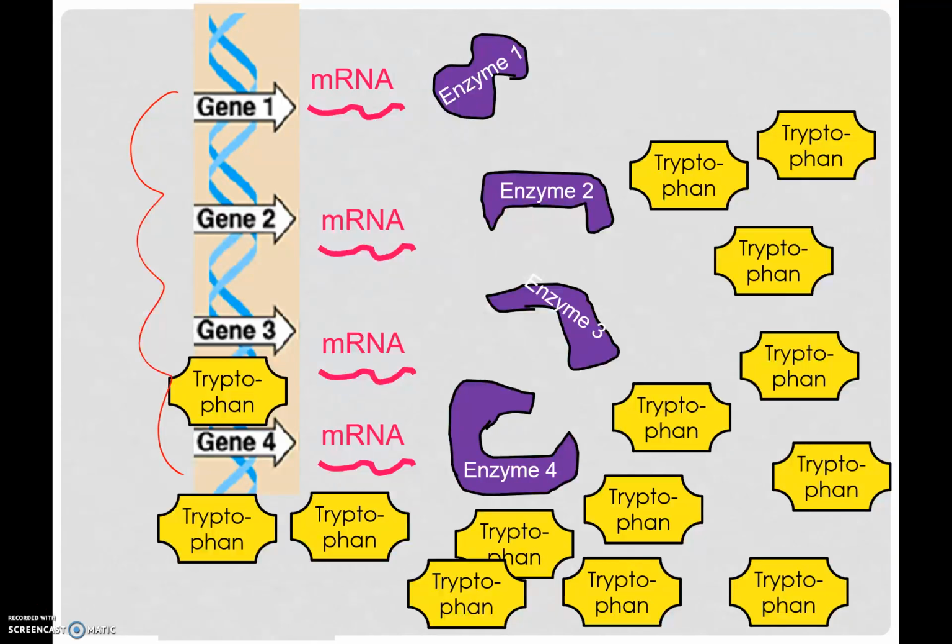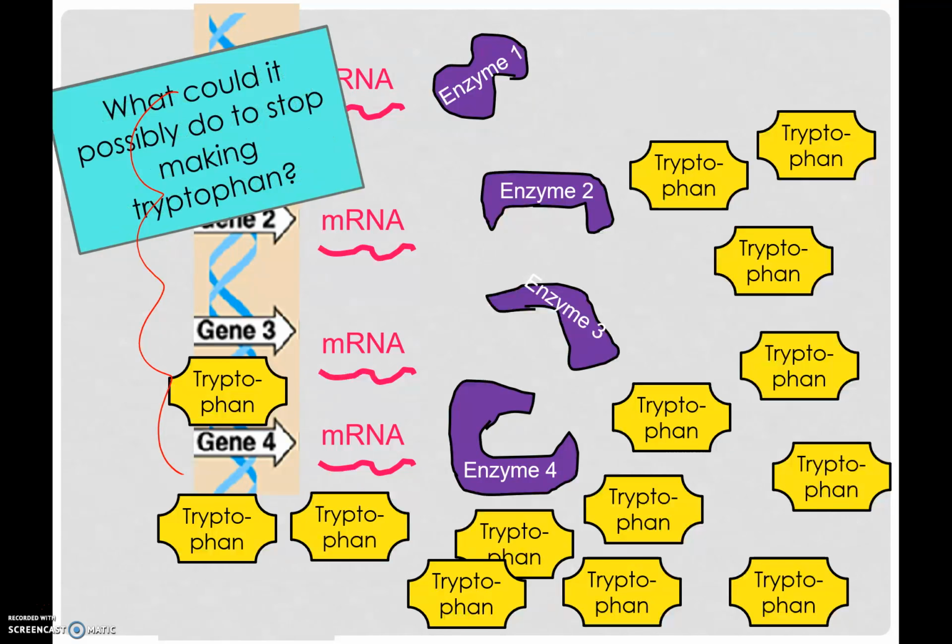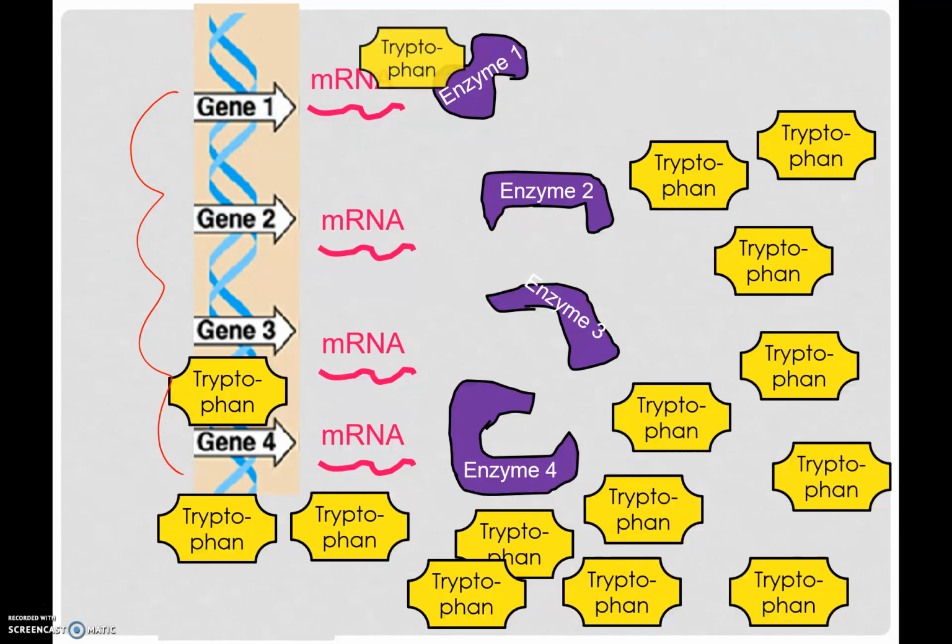In this case, we're looking at the internal environment and how much tryptophan is present. So here it's made a whole lot of tryptophan, and because there's so much, one of them will actually act as an allosteric inhibitor to the first enzyme.